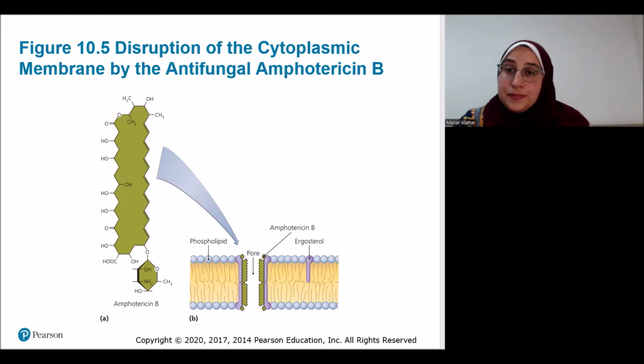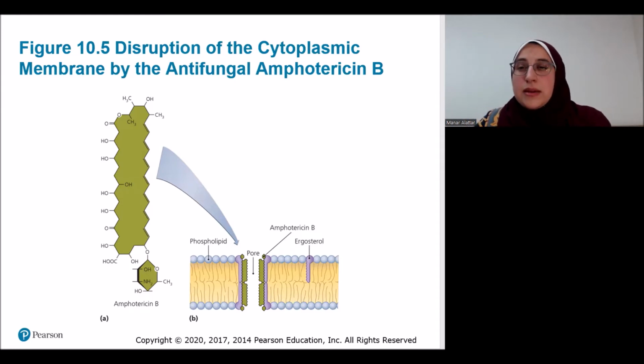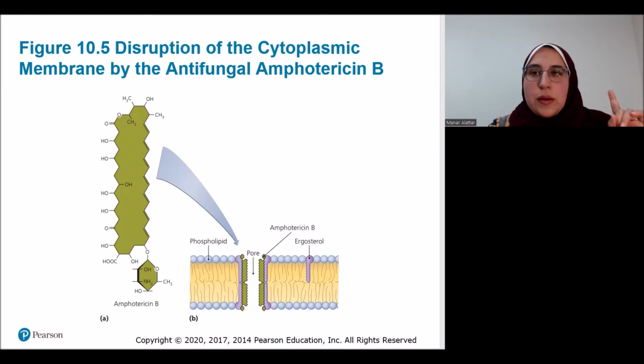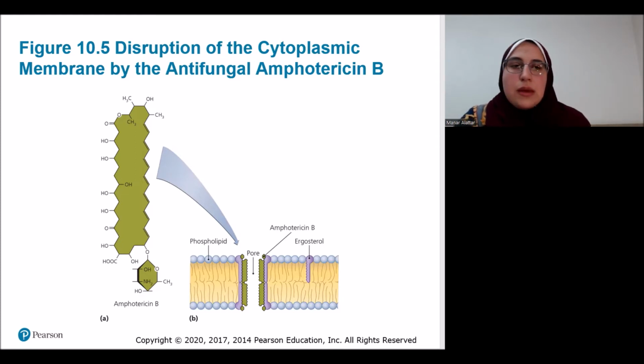So that's polymyxin, and we said that it's effective against gram-negative bacteria, specifically Pseudomonas, but it can also have impacts on the kidneys. We're going to talk more about some of the side effects and impacts of antibiotics in our later discussion in this chapter.